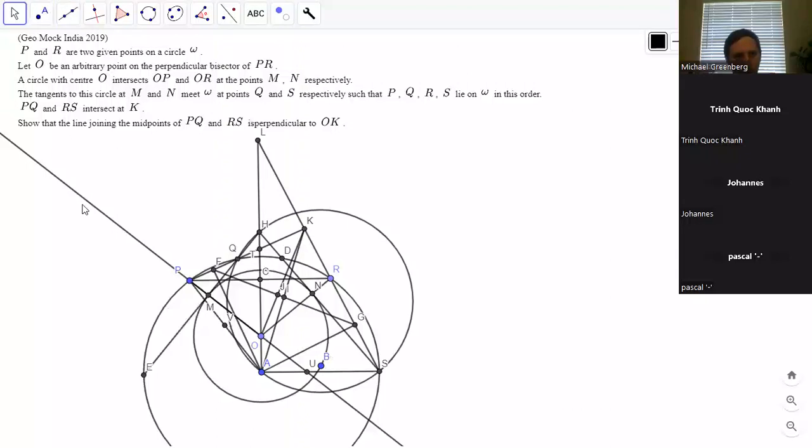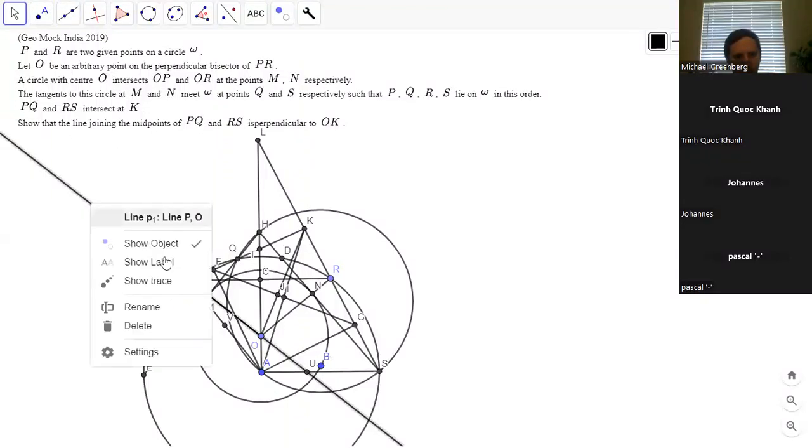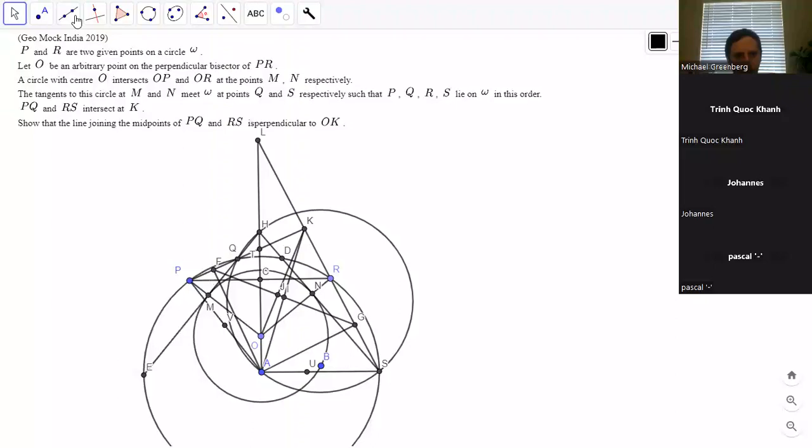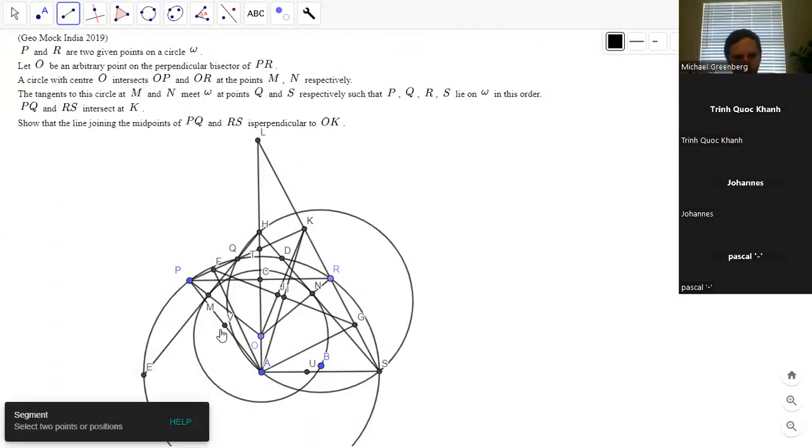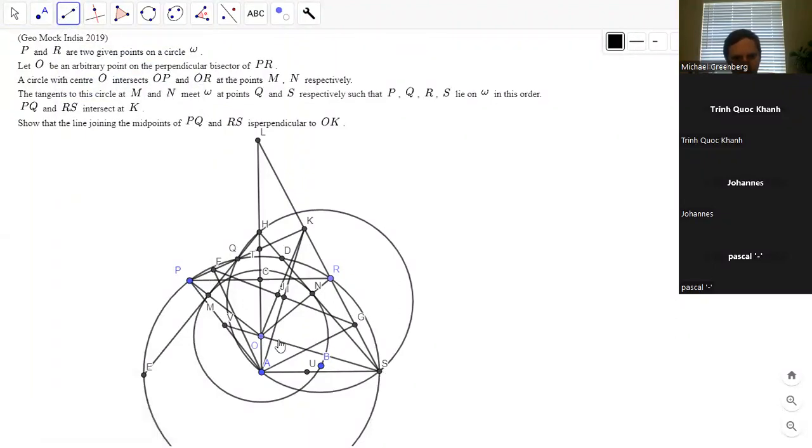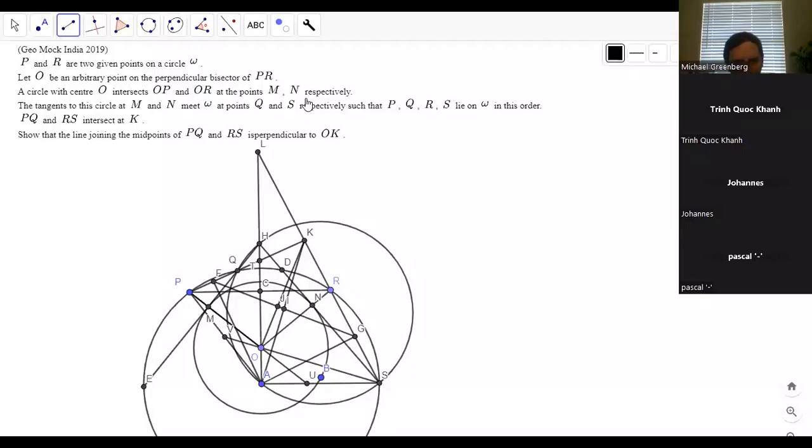I wonder if there's another way to apply the isogonal line lemma. So I'll just for now draw those, but so SOV and POU. And you were saying that KAS is similar to KOP.